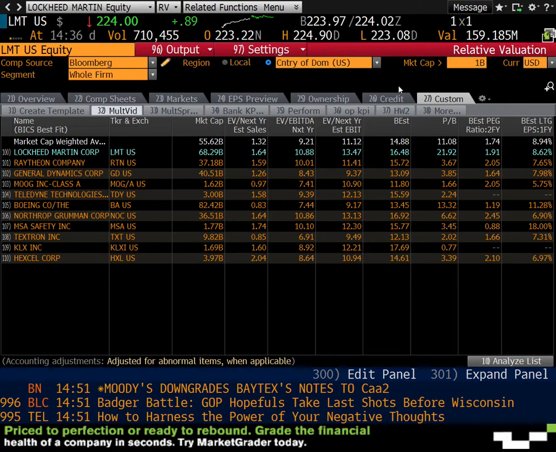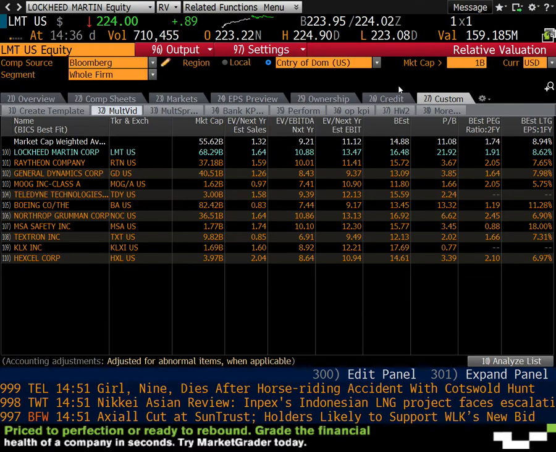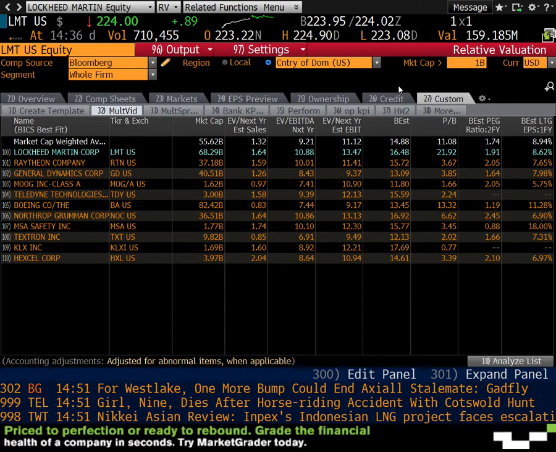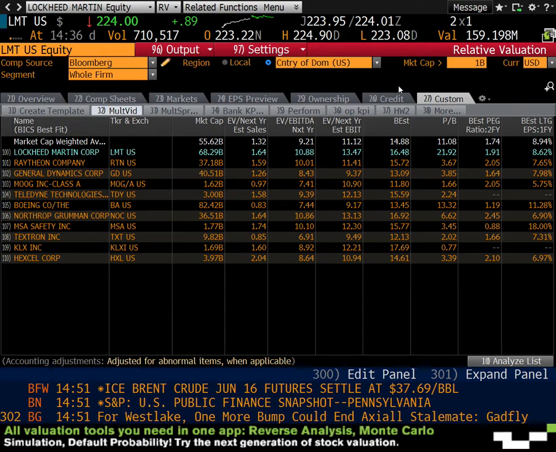Because their PEG's a little higher. They're similar, but a little bit higher. Why is Raytheon not trading at a higher multiple for PE? It's growth and spread. So Lockheed Martin has the higher PE, and Raytheon has similar to higher spread.